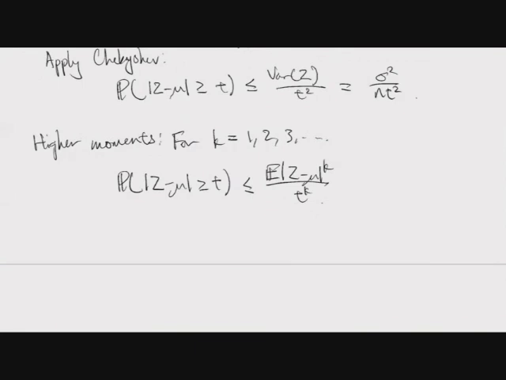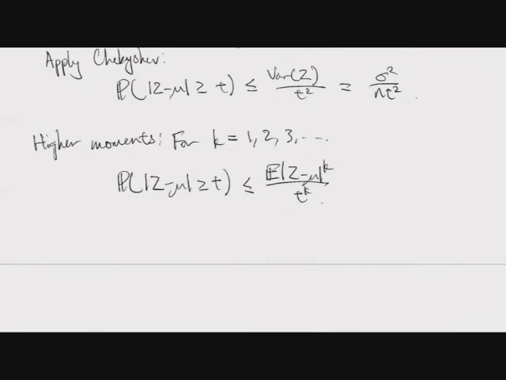Are there drawbacks to choosing k equal to 2 over k equal to 4 or vice versa? Actually it's not clear. For different random variables z and different values of the threshold t, you may want to choose a different value of k as the optimal k. So all of this really depends on those two parameters.